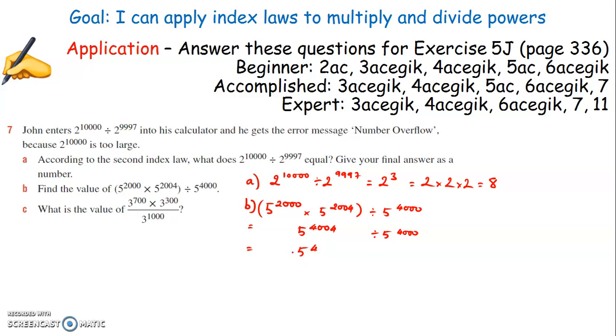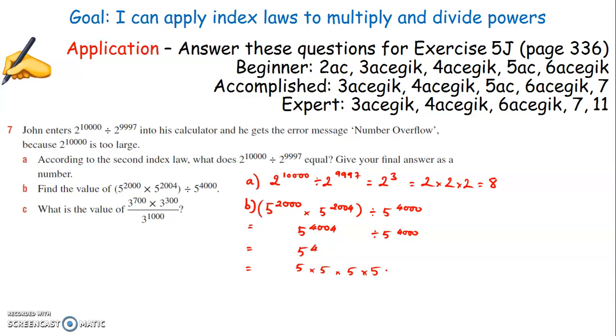And I don't really mind if you stop here and just say 5 to the power of 4. But if we go one step further and actually calculate this, so this is 5 times 5 times 5 times 5. We definitely can just put 5 to the power 4 into the calculator and you can get the answer.